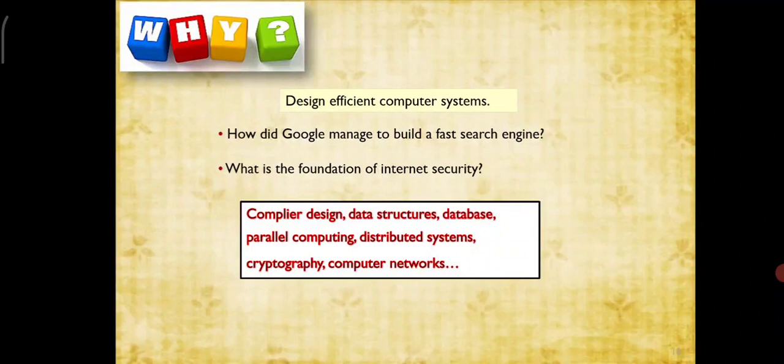To design a computer system in an efficient way, you have to learn discrete mathematics. Discrete mathematics is a base for these subjects: compiler design, data structures, database, parallel computing, distributed systems, cryptography, networks.